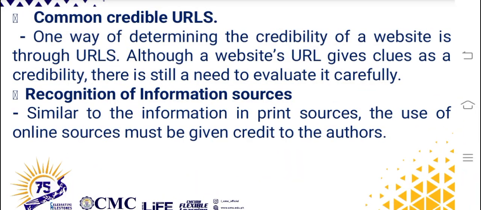Common credible URLs. One way of determining the credibility of a website is through the URLs. Although a website URL gives clues as to credibility, there is still a need to evaluate it carefully.